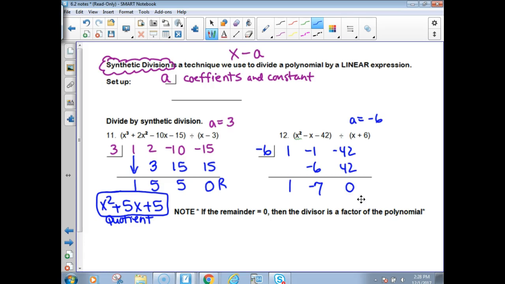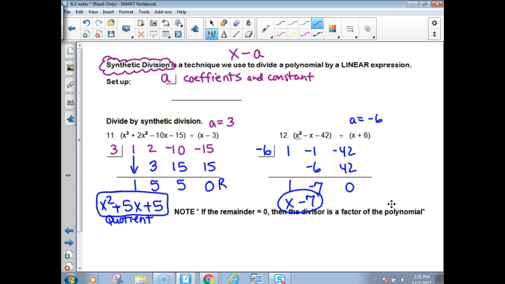That's your remainder. And now we started off with an x squared, so now this is all the way down to x to the first. This would just be representative of x minus 7. So that is your quotient, x minus 7. Note, if the remainder is 0, then the divisor is a factor of the polynomial.